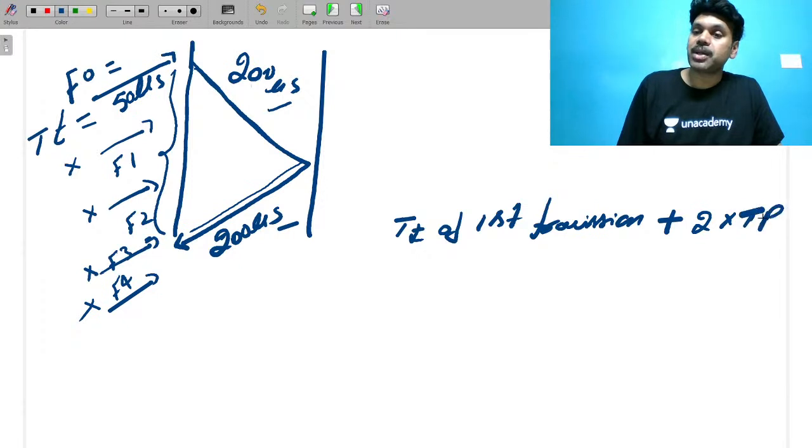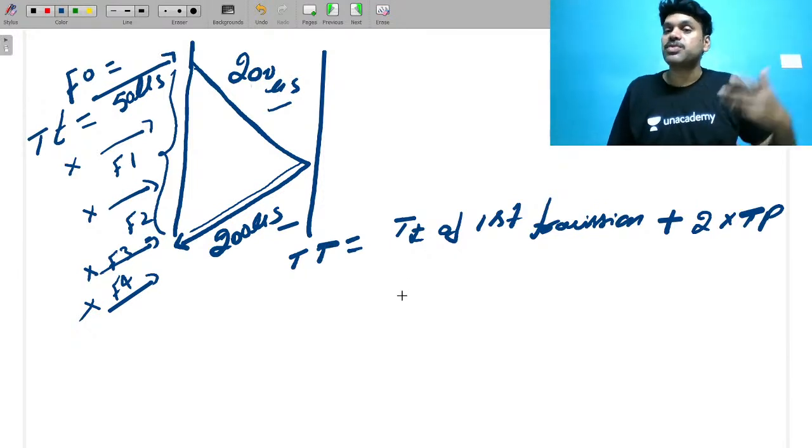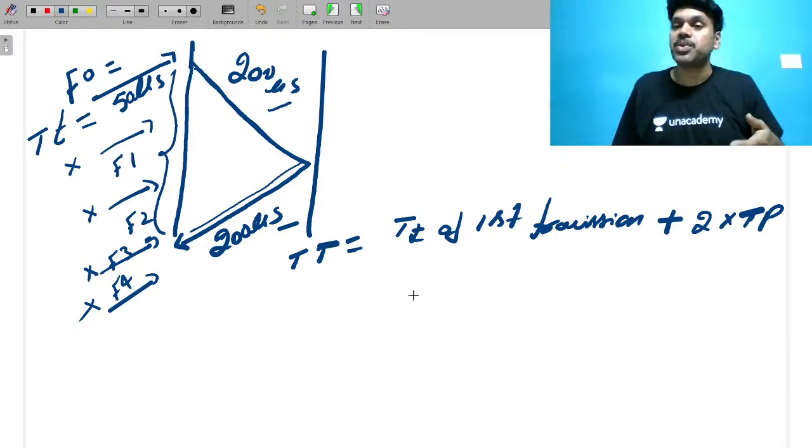During this time, the sender might have pushed the remaining 5 frames, because 5 into 50 is 250 microseconds. That is overlapped in your 2 into 200 microseconds.